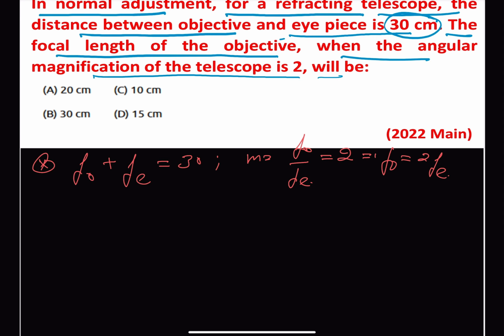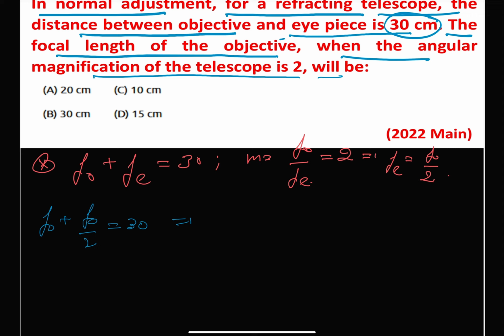Okay, so what we do is the reverse of it, and we can write that fe is equal to f naught divided by 2. So we substitute it, we get f naught plus f naught by 2 is equal to 30. So this gives us 3 f naught divided by 2 is equal to 30, and this will be 20.